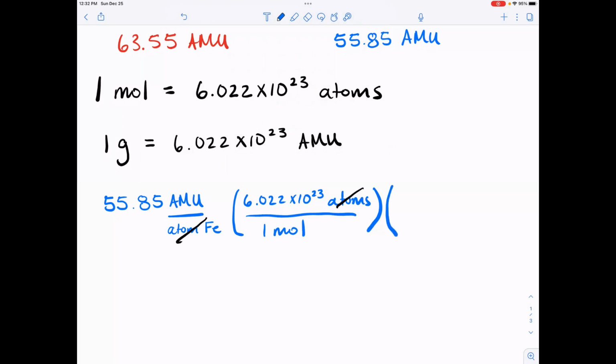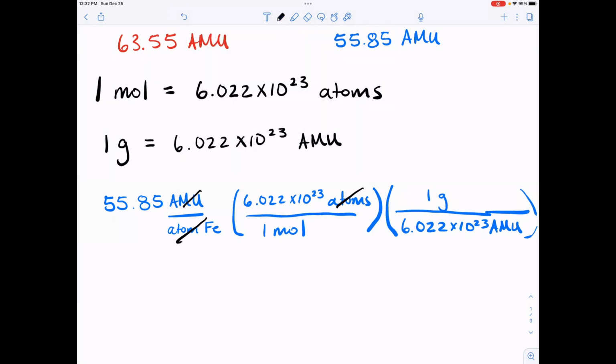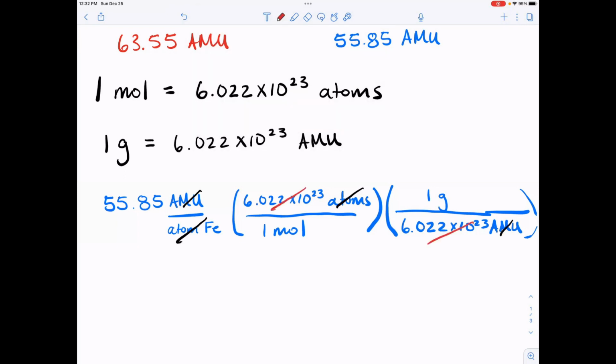What if we want to get rid of AMU? We know that for every 6.022 times 10 to the 23rd AMU, we have 1 gram. This gets rid of AMUs, and we can also cross out the proportionality constants.